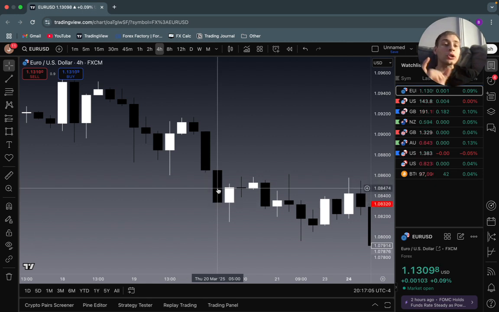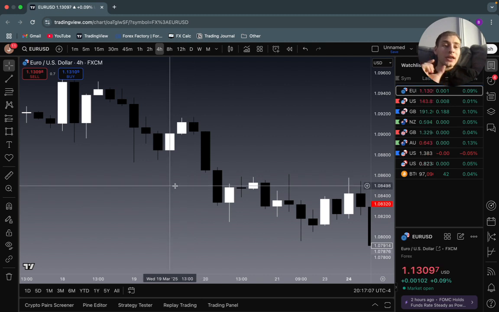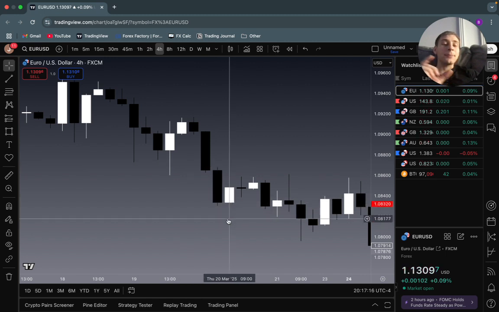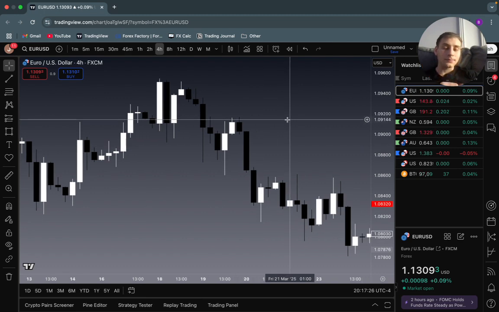That's what a close means, is just when that 4-hour candle opened and closed. That's pretty much what the actual filled candle itself represents. The wicks just mean what happened during those 4 hours, if there was any movement, but it didn't necessarily close, even though price came all the way up to here. Okay, so that's what those wicks mean.